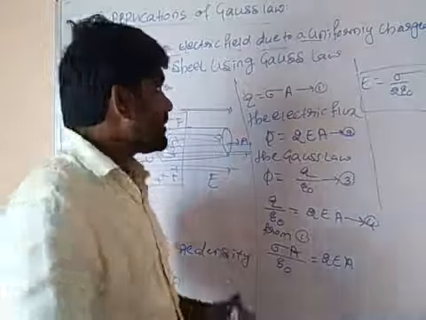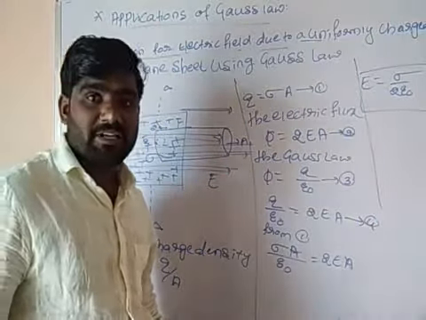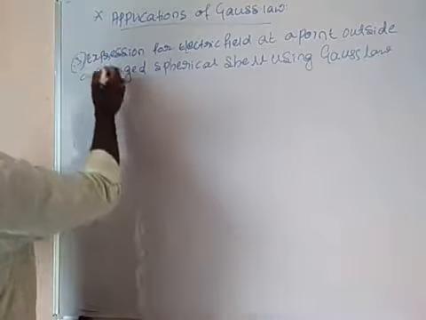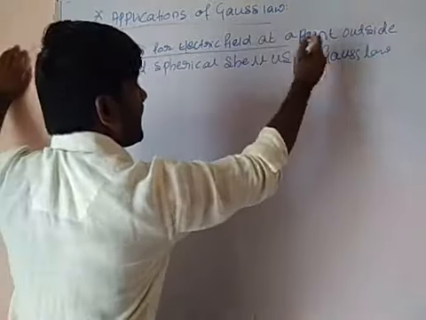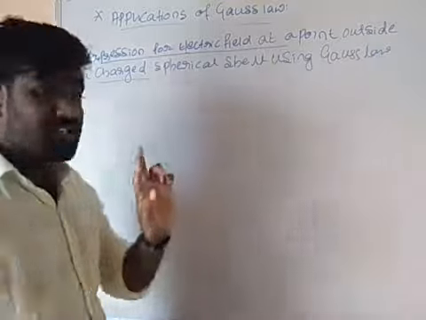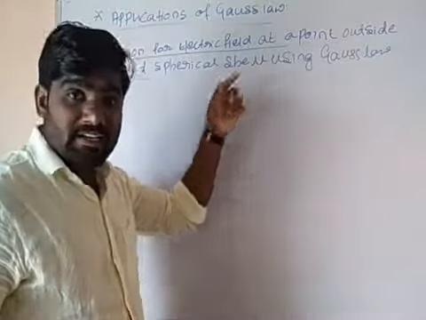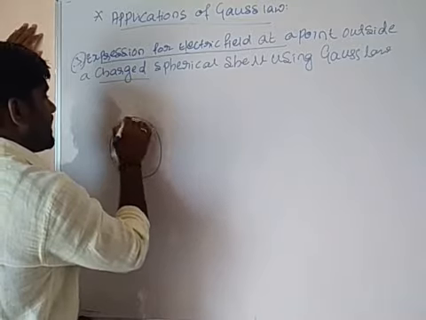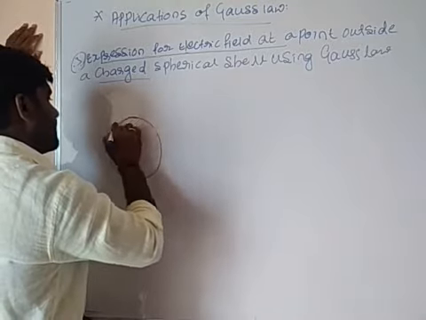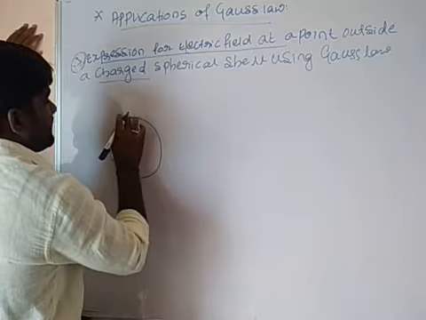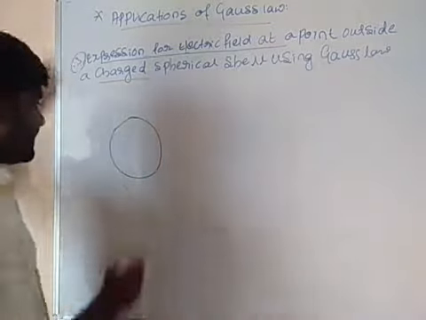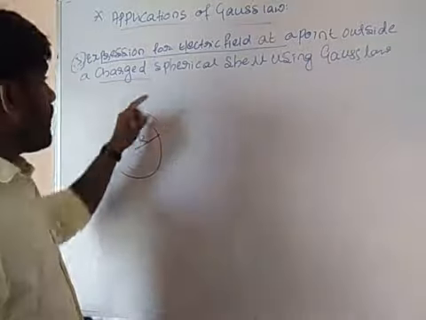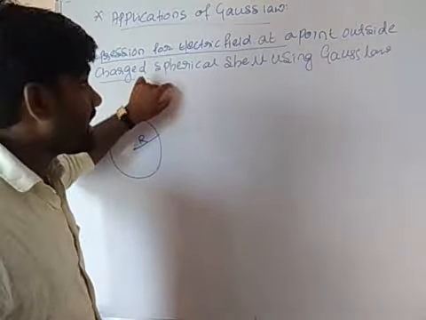Okay, it is the second application of Gauss law. Then the third application of Gauss law: expression for electric field at a point outside a charged spherical shell. See here, I am taking a charged spherical shell. Its radius is taken as R, but where should I calculate the electric field?